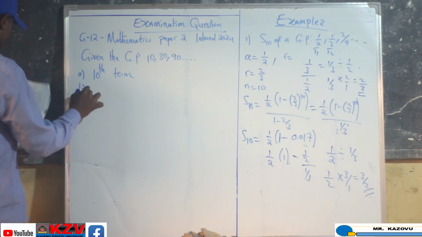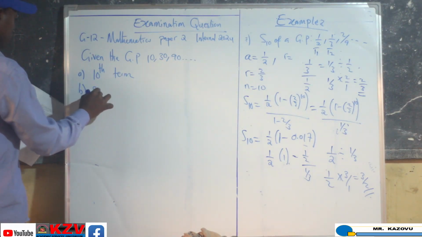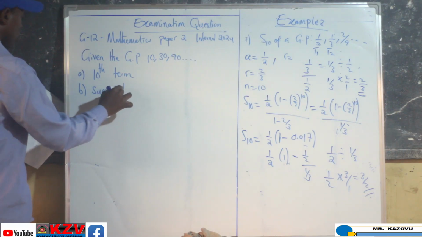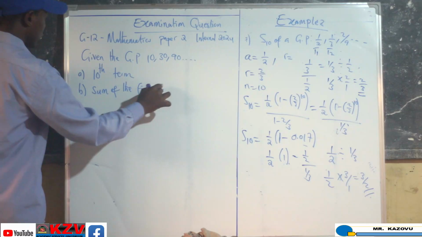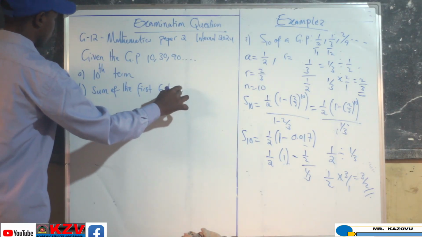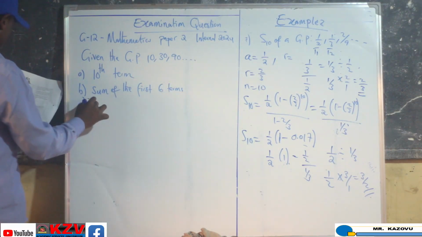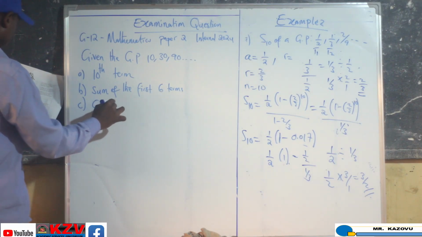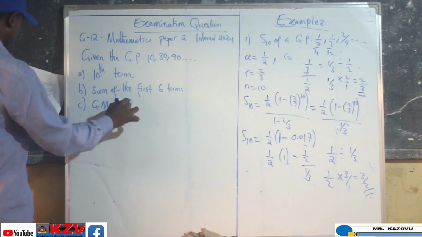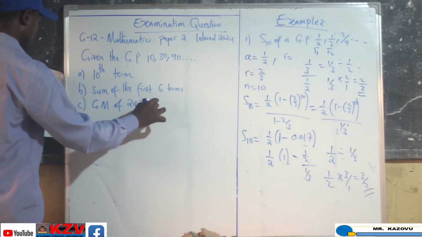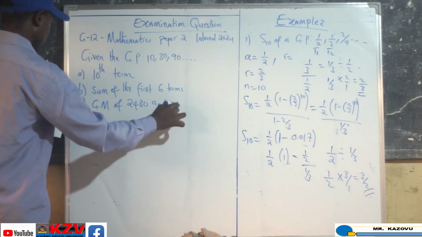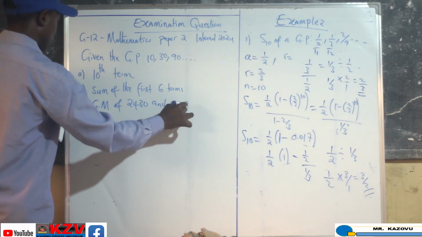B: find the sum of the first 6 terms. And then C: find the geometric mean, GM, of 2,430 and 1,870.